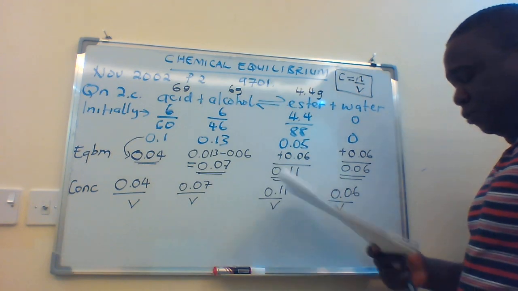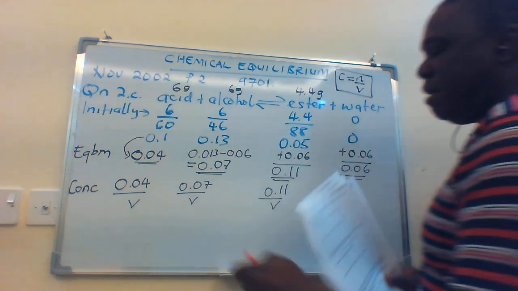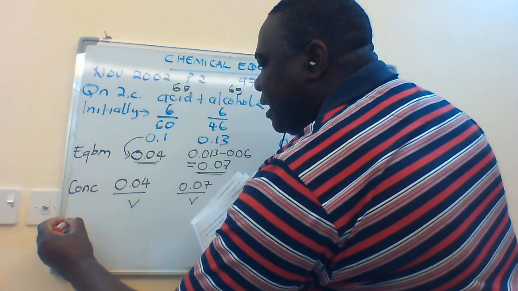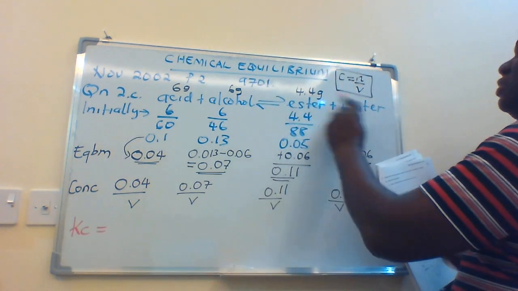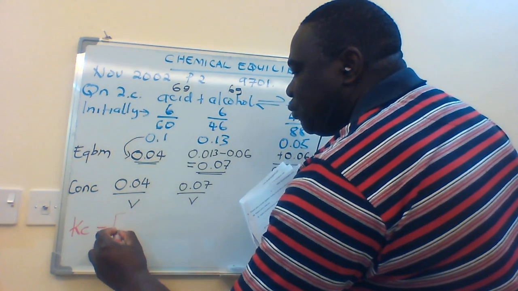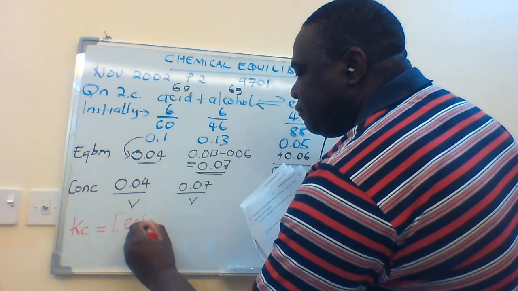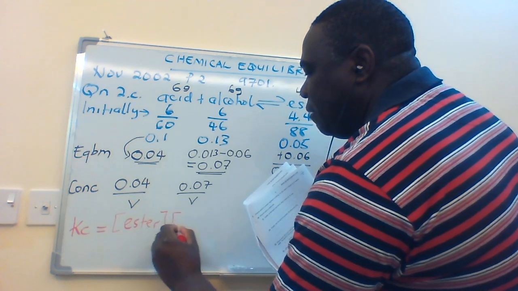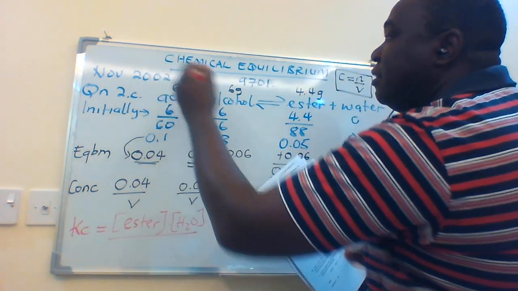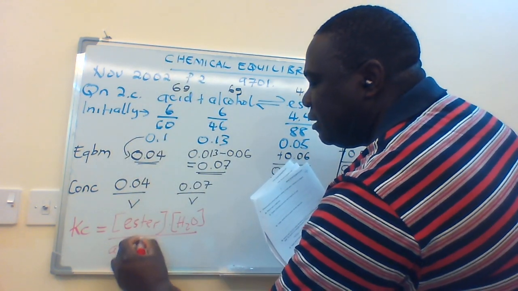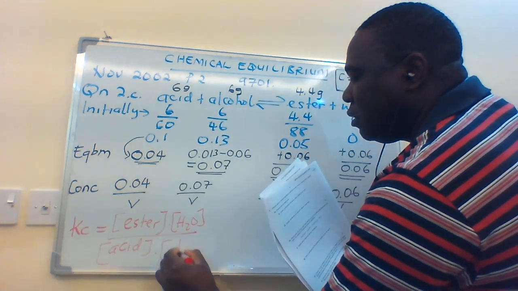How do we express Kc? You should remember that when you are dealing with Kc, it is always the concentration of products first, in square brackets please, the ester multiplied by H2O, over the reactants, the acid, in square brackets please, and the alcohol.